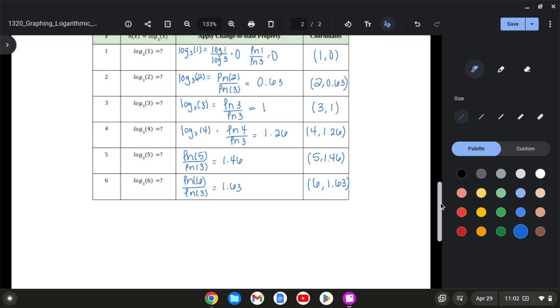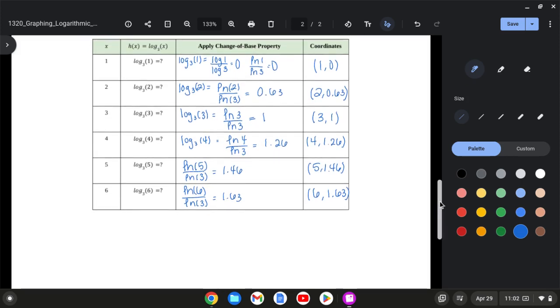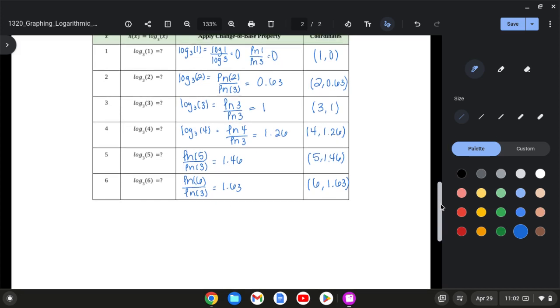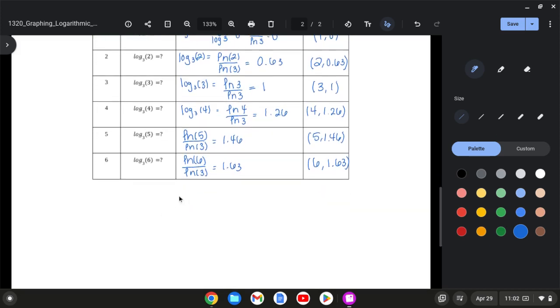Now, one thing that I also want to look at is what if x equals 0? Because the behavior of our graph around the y-axis is also important. So I'm going to just tack that on here. So then we would have log base 3 of 0, which we're trying to figure out.